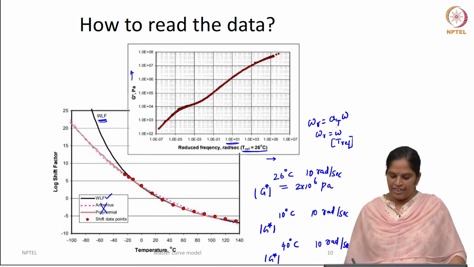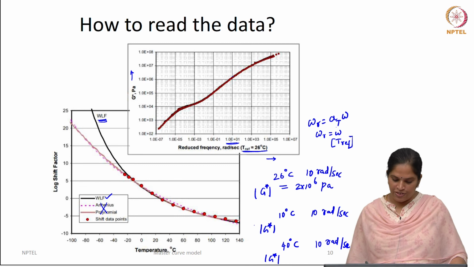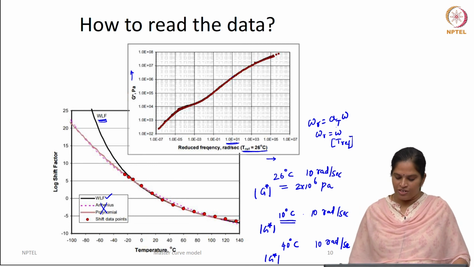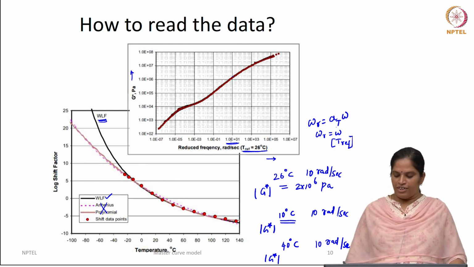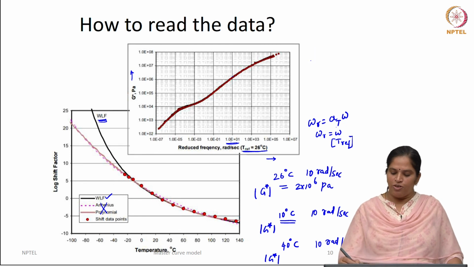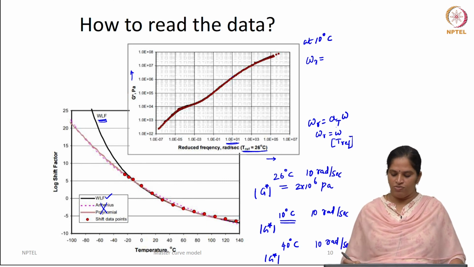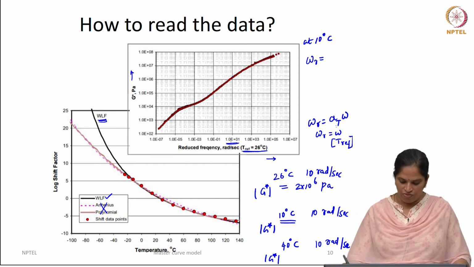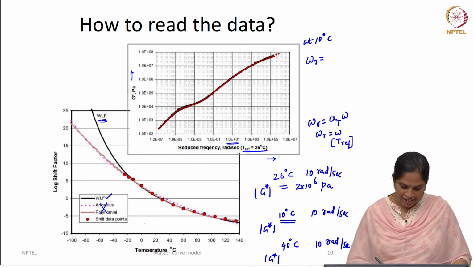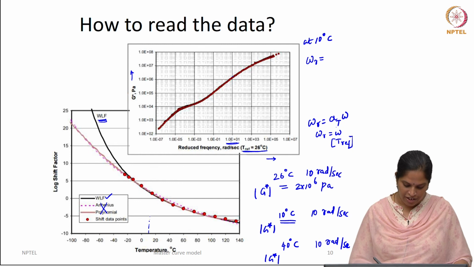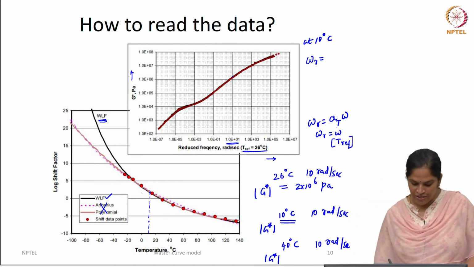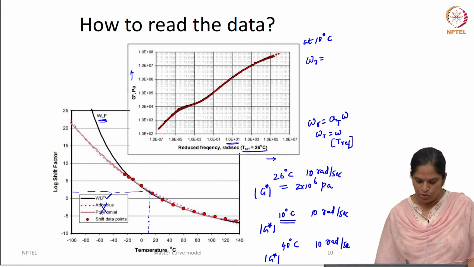Now at 10 degrees Celsius, 10 radians per second. I want it at 10 degrees Celsius corresponding to 10 radians per second. So what is my reduced frequency at 10 degrees Celsius? We want to find the reduced frequency for 10 radians per second. For this we need a shift factor here. At 10 degrees Celsius, somewhere here, the shift factor is maybe 2.